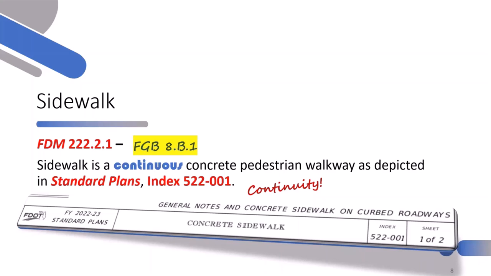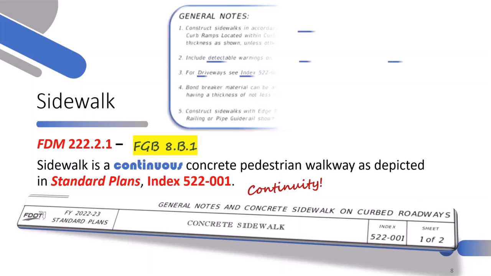In other words, again, borrowing from the HSM, they have a concept of homogeneous segments. Well, we want the cross-sectional elements to be consistent or homogeneous as much as possible over the full length of the pedestrian facility corridor. That's going to add to or improve pedestrian safety and accessibility.